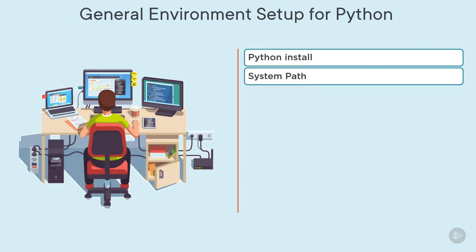The next thing is you're going to want to make sure that your system path is set correctly. And when Python is installed, this typically is done for you. Now, it's good to double check and make sure everything is set. So we have Linux listed there, and we also have Windows listed there. And so that's where your system path is going to be for Python.